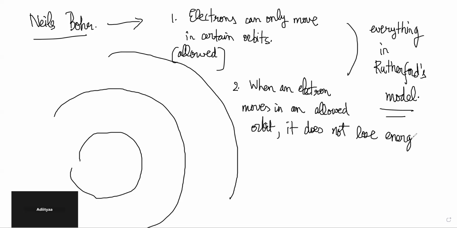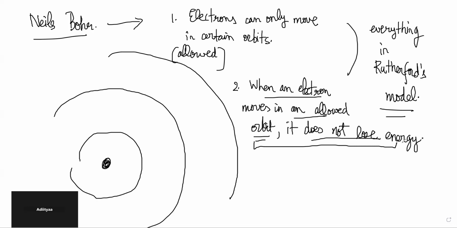So basically, he's taking very big liberties, and he's just saying that Maxwell's laws have been switched off. Do you understand what I'm saying? It should radiate energy, but Niels Bohr is saying that if you are moving in the allowed orbit, it does not lose energy. It does not radiate energy.